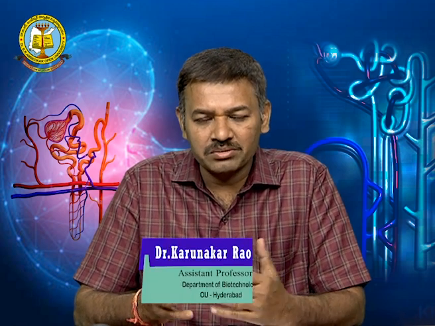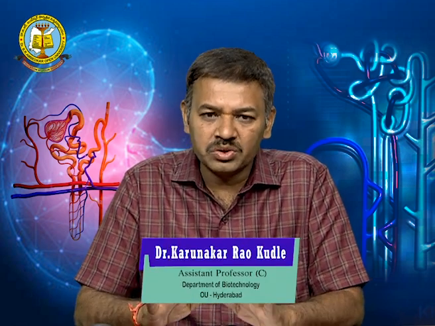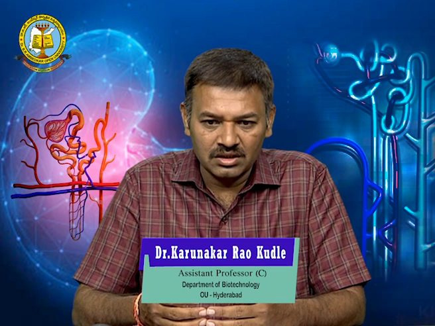Then the total substance is concentrated, and only 1% goes out as urine. The remaining 99% is reabsorbed into the tissues or blood vessels. This is the mechanism of the nephron. Each kidney has many millions of nephrons.